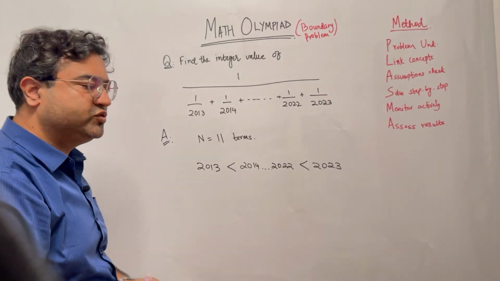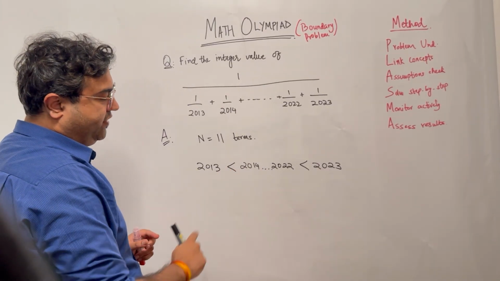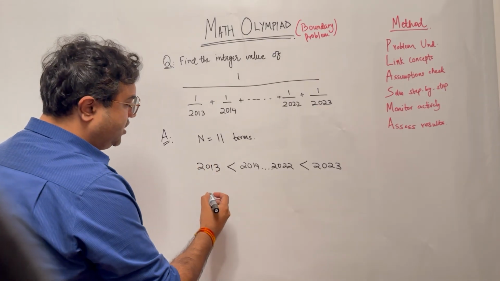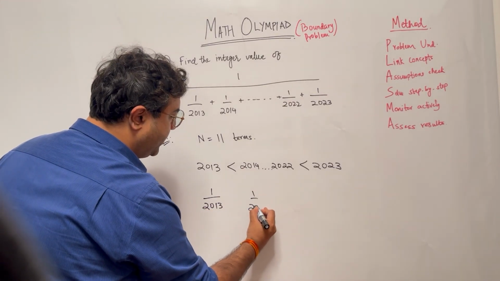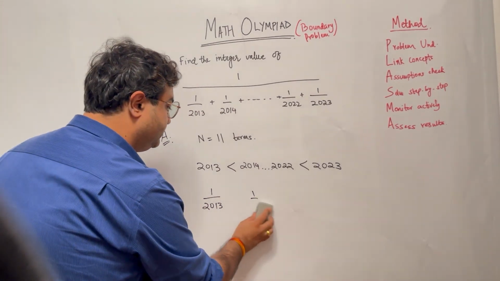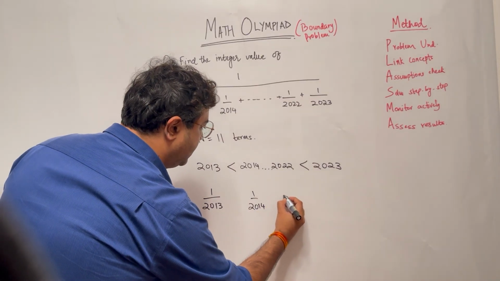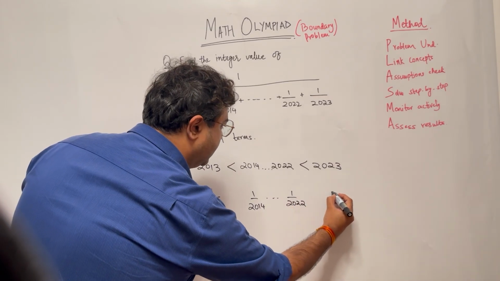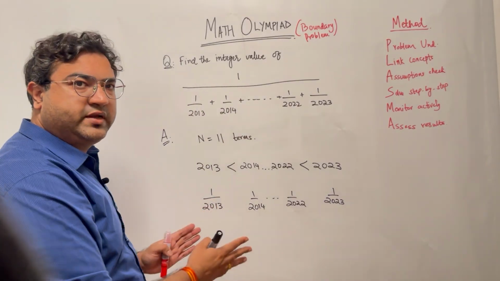If we look at their reciprocals, 1 by 2013, 1 by 2014, dot dot dot, 1 upon 2022, and 1 upon 2023, the inequality will reverse when we take the reciprocal.